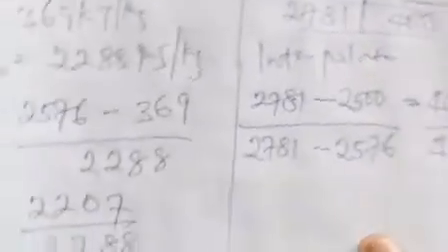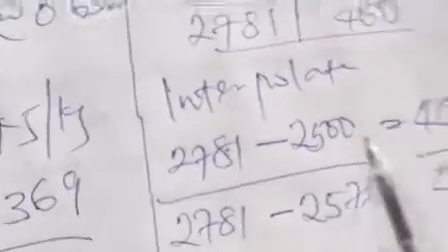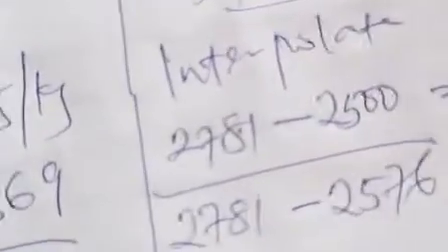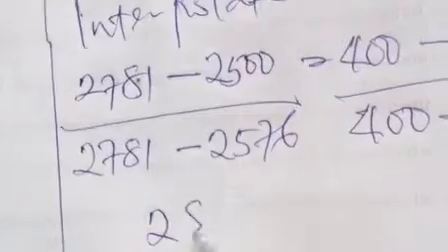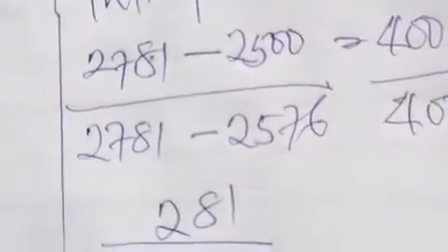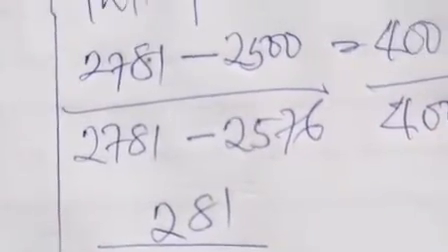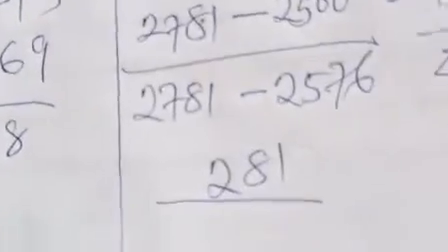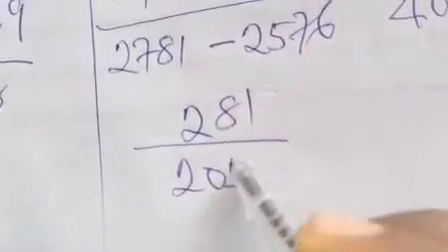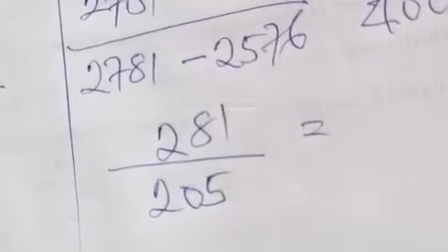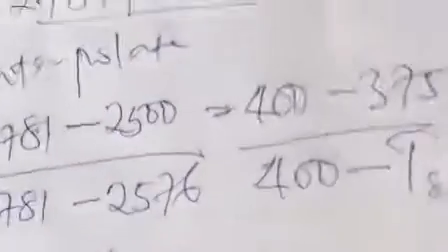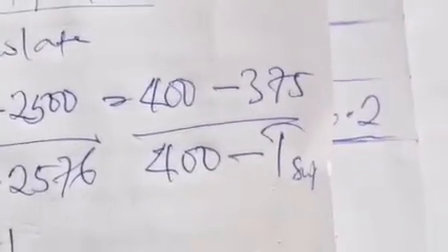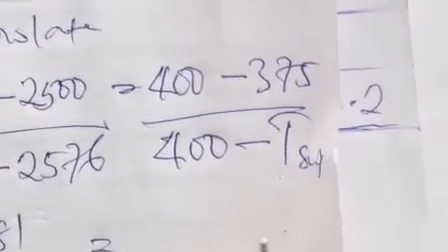So we obtain 2781 minus 2500, that gives us 281, all over 2781 minus 2576, that gives us 205, and that's equal to, okay, so next we'll obtain 400 minus 375. That should be 25.